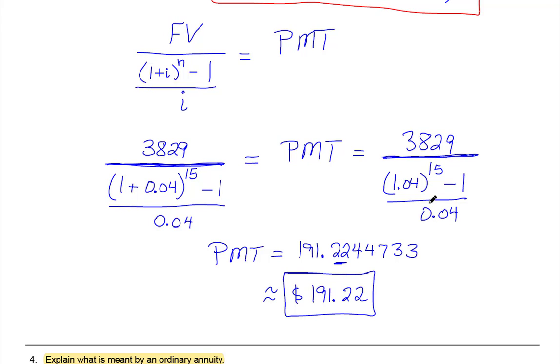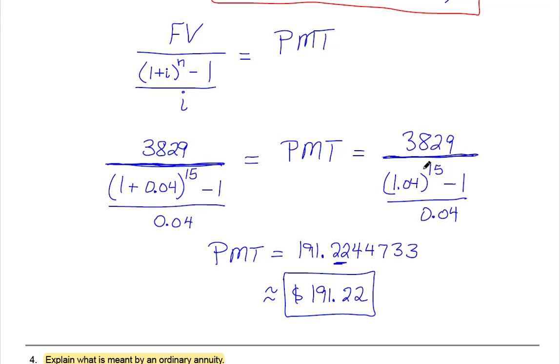That gives you all the stuff in the denominator. You need 1 over that number. So then you would hit your 1 over x key and then multiply it by 3829. Now that's the easiest way rather than trying to start with the top.